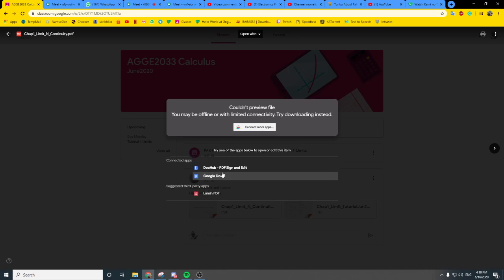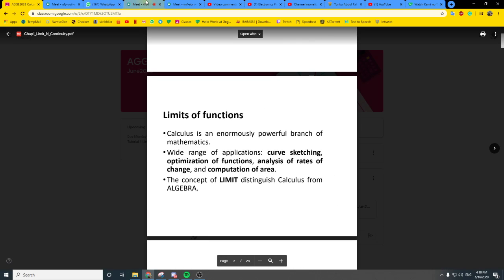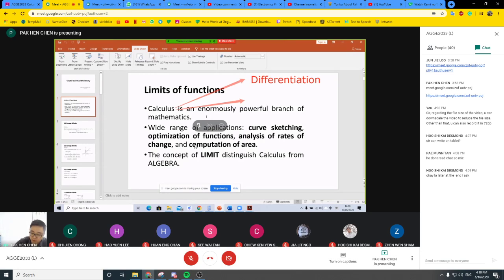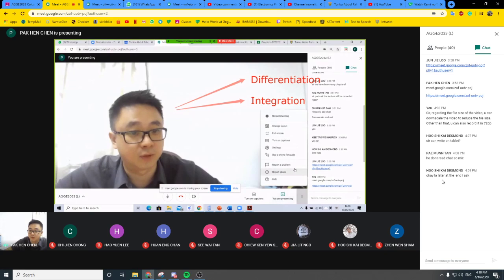One is differentiation, together with another one, integration. So those will be the two main fields of calculus.